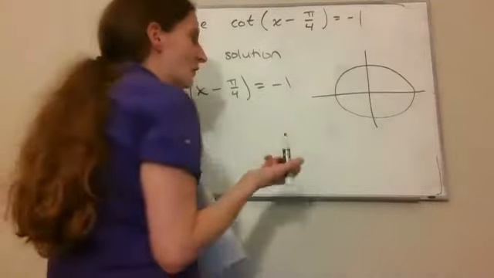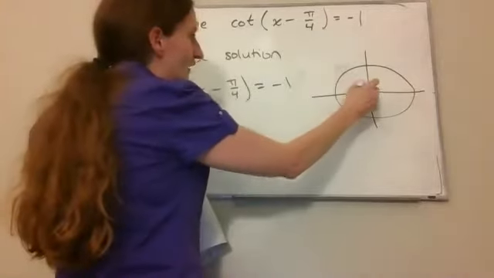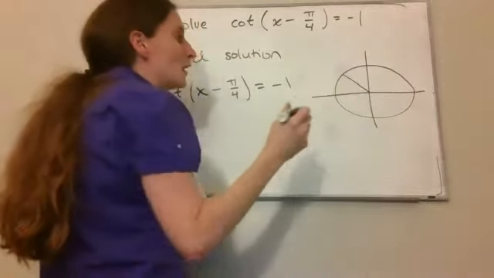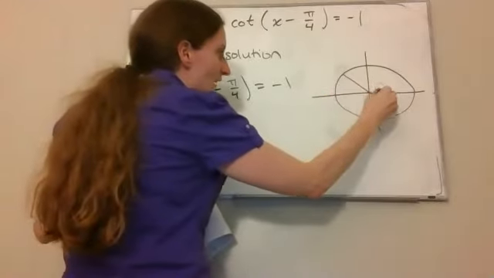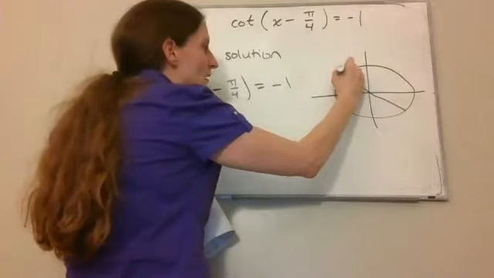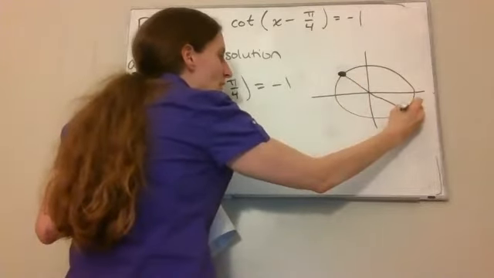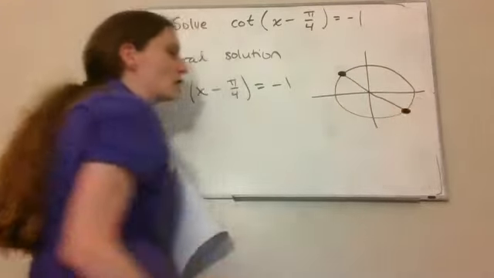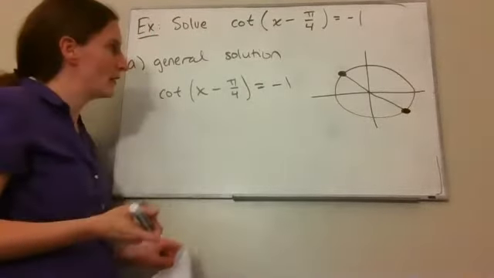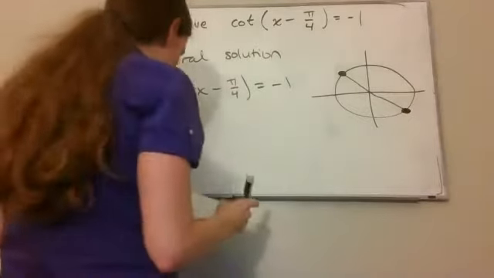Cosine is negative and sine is positive in the second quadrant, and cosine is positive and sine is negative in the fourth quadrant. It's the point right in the middle for both of them where they're both going to be equal to some form of square root of 2 over 2, and so the ratio will get me a -1. So it's those values right there.